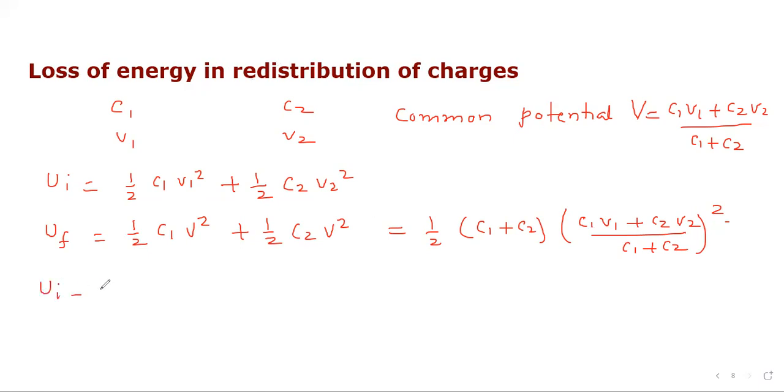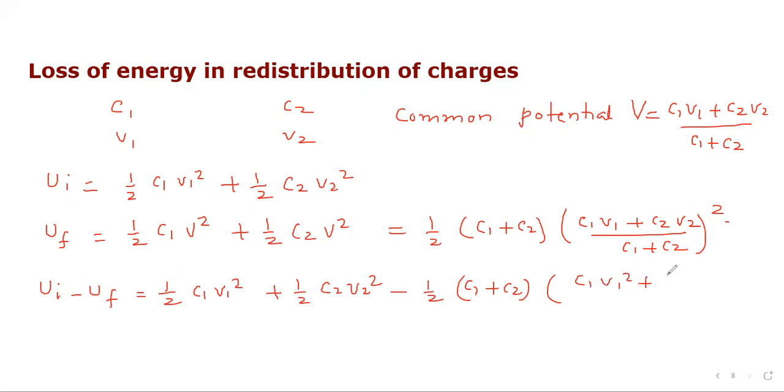So Ui minus Uf. So Ui is this much, 1 by 2 C1 V1 square plus 1 by 2 C2 V2 square, minus 1 by 2 (C1 plus C2) times (C1 V1 plus C2 V2) whole square divided by (C1 plus C2) whole square.